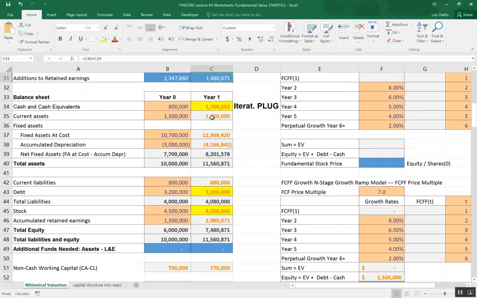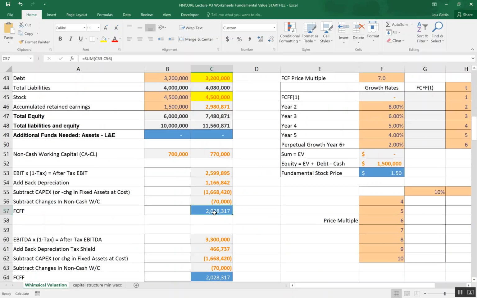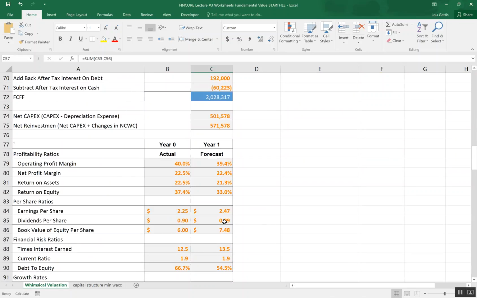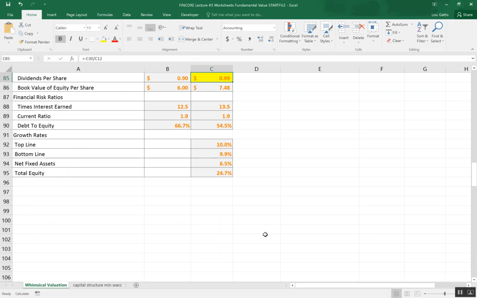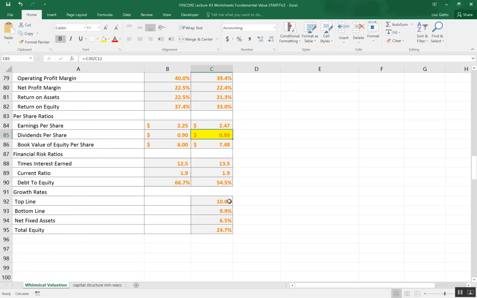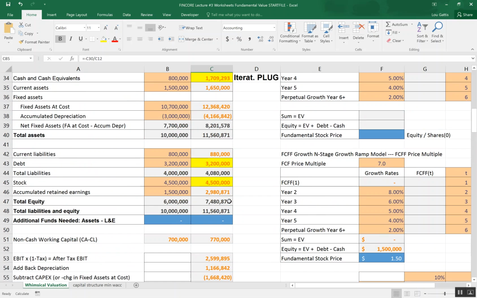We forecasted our balance sheet, including equity, liabilities, and assets. We then used those numbers to calculate a working capital that allowed us to get to the free cash flows to the firm. We then estimated some profitability ratios. The important one we're going to use today is dividends per share. And we estimated some growth rates and some other ratios.